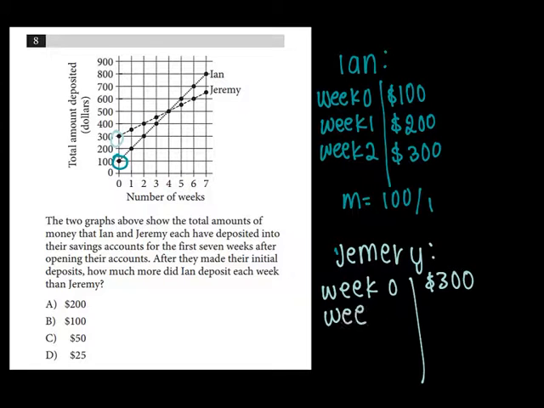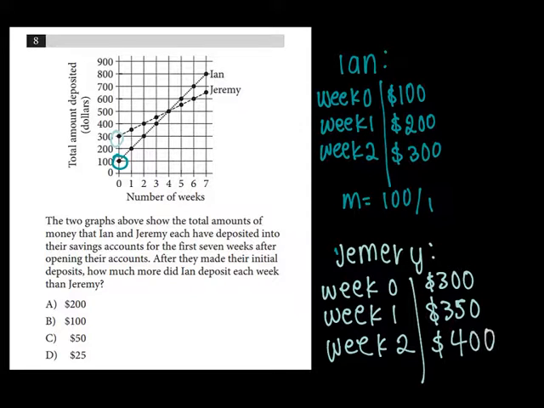So by week 1, Jeremy is at 350, and by the next week he deposited another $50. As we can see, it's grown to $400 by week 2. So since each week Jeremy's deposit is growing by 50, his slope is going to be 50.